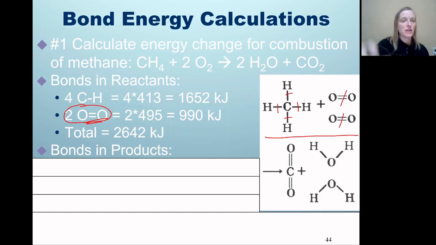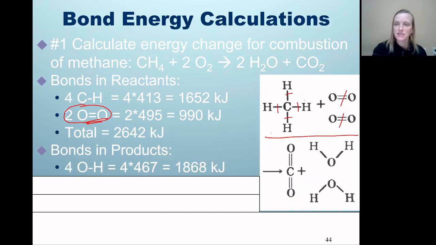Now let's progress on and do the same thing for the products. On the product side, I see that I have 4 oxygen-hydrogen single bonds, 1, 2 in that water molecule and 1, 2 in that water molecule. The oxygen-hydrogen single bond has a bond energy of 467 kilojoules per mole, so I multiply that by 4, and that gives me a total of 1,868.